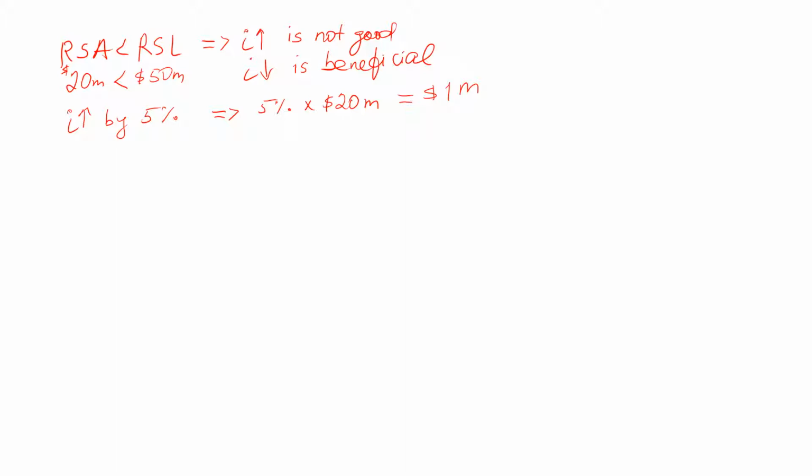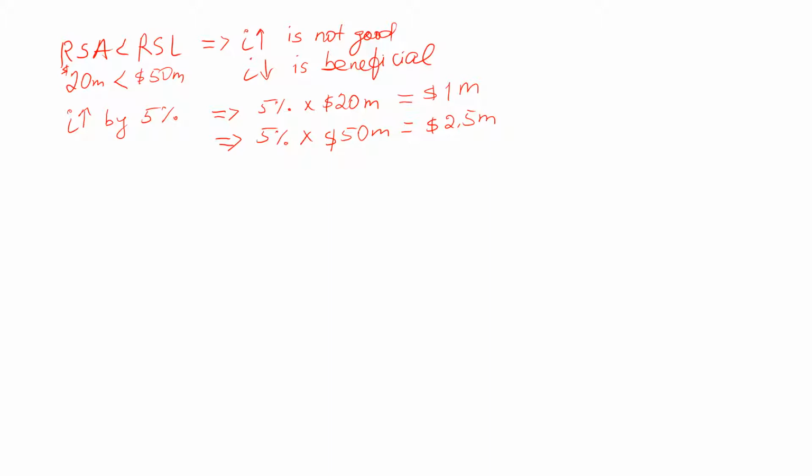What happens to the bank's liabilities when interest rate goes up by 5%? That's $2.5 million. This means that the bank pays $2.5 million more in interest expenses.